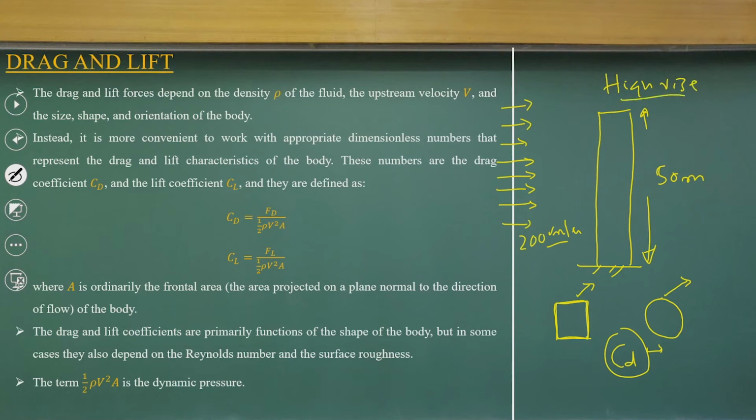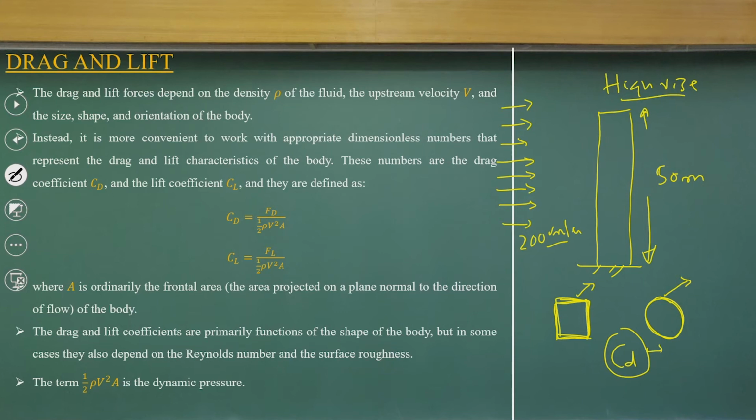He has to look at whether he has to go for a rectangular shape or a circular shape. That is a very simple CD value, and if you can interpret how these CD value variations are there and which one will be more, just think about that.